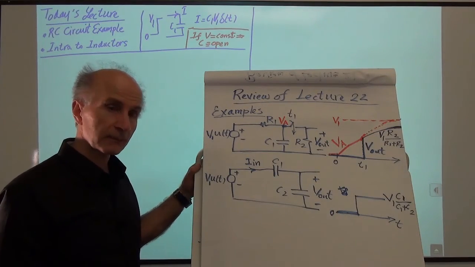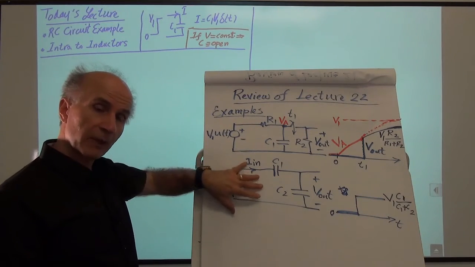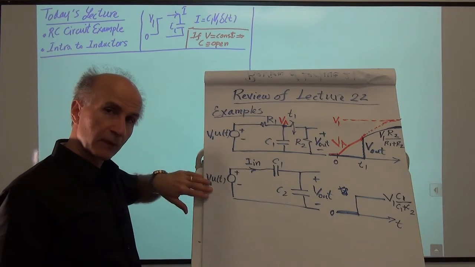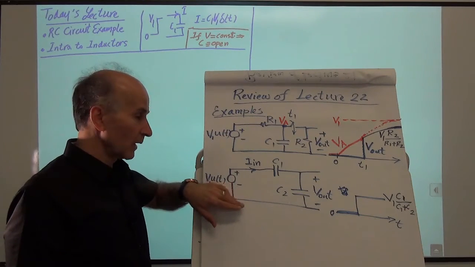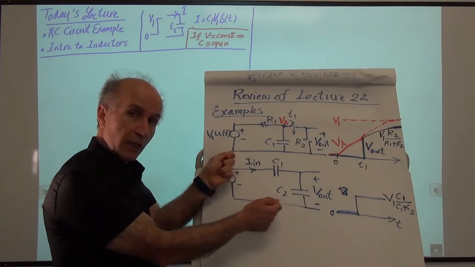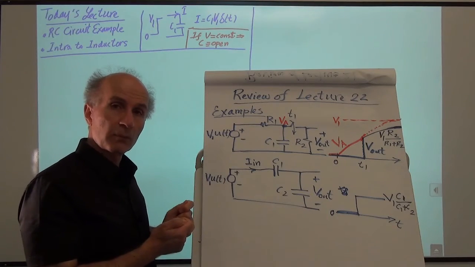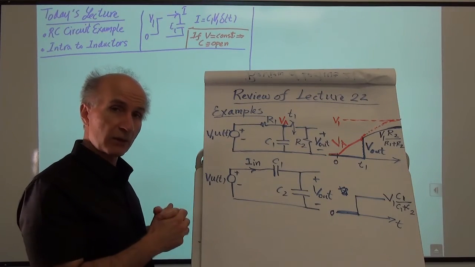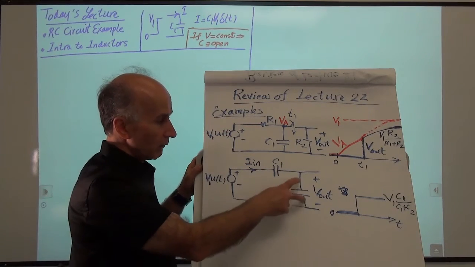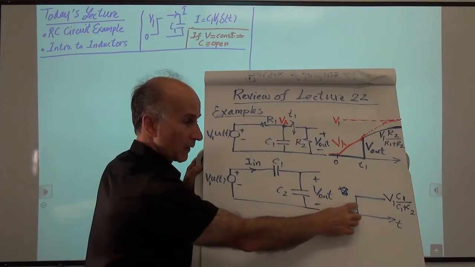The second example started with some simple capacitor circuits and the response to a step input. And we saw that in these cases, the current has to be an impulse, because we're trying to change the voltage across a capacitor or a series of capacitors in zero time, and that results in an impulse. So we also saw that the voltage in this case also has a step behavior.